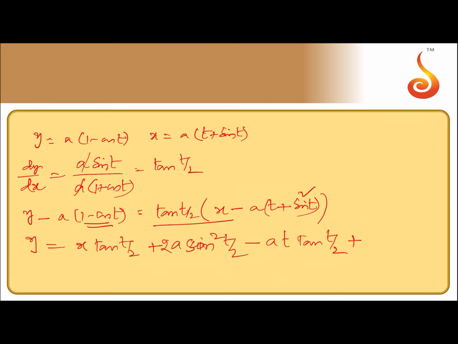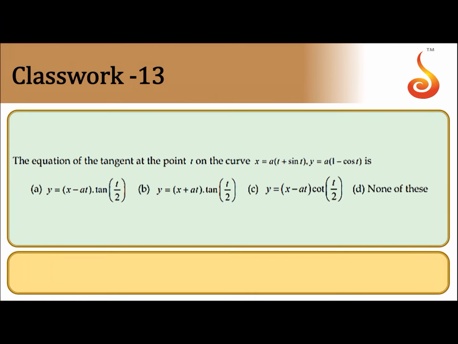The cos will get cancelled, leaving 2a sin square t by 2 with the minus sign. So these two get cancelled and therefore y equals x minus at multiplied by tan t by 2 is the answer. I think the first option is the answer.